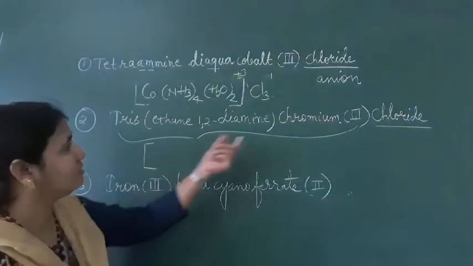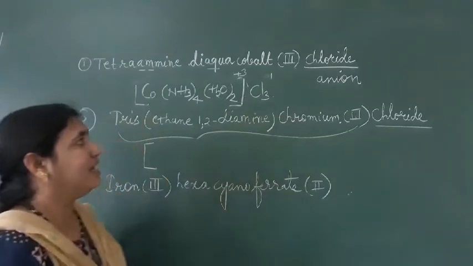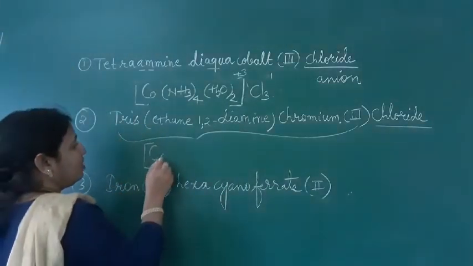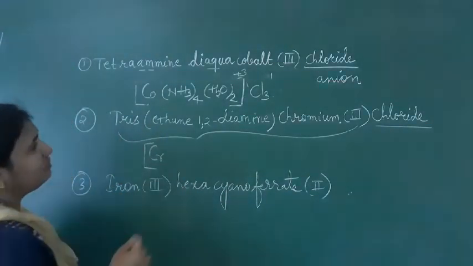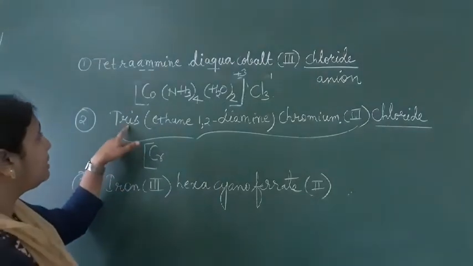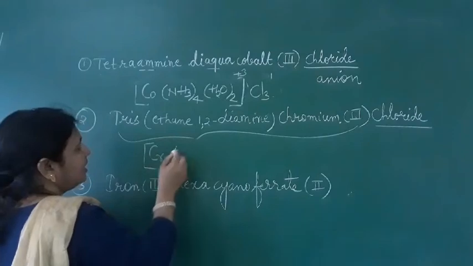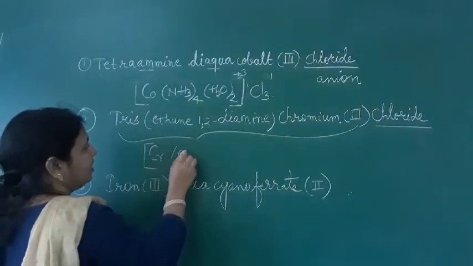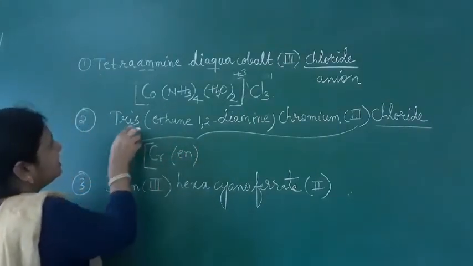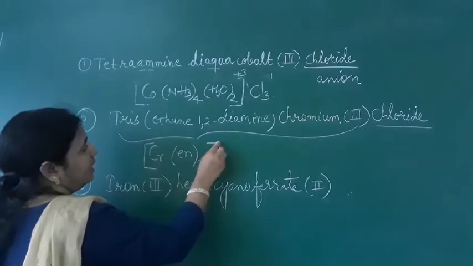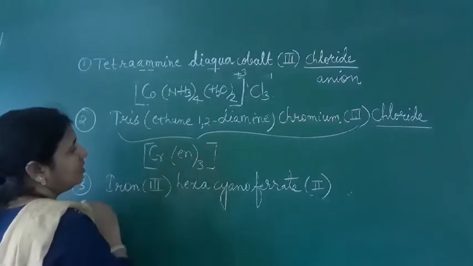In the bracket first will come our metal name, chromium, so write down the symbol Cr. Next will come our ligands. Tris-ethane 1,2-diamine. Ethane 1,2-diamine in short abbreviation is en. Tris means 3 here. So this is our complex cation.